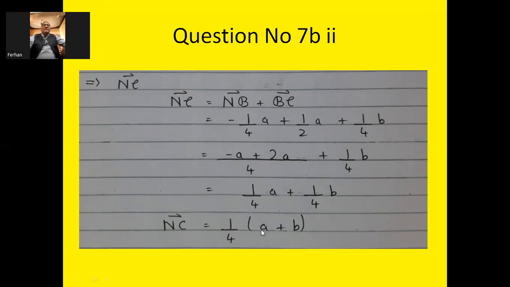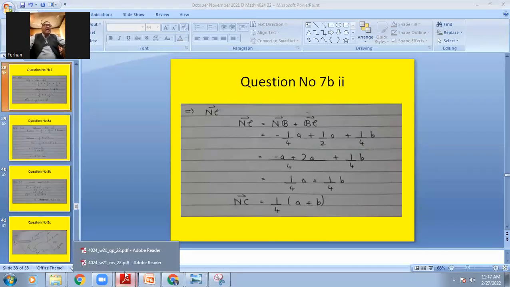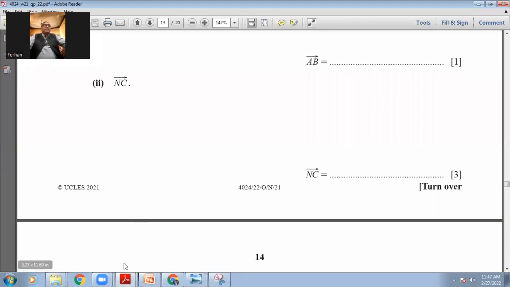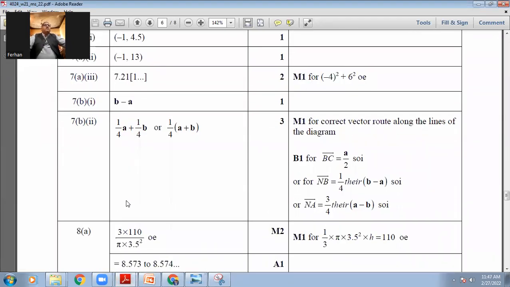You can take 1/4 common, so you will have 1/4 (a plus b). So the value of NC is 1/4 (a plus b). Hopefully this is answered. Yes, our answer is right.